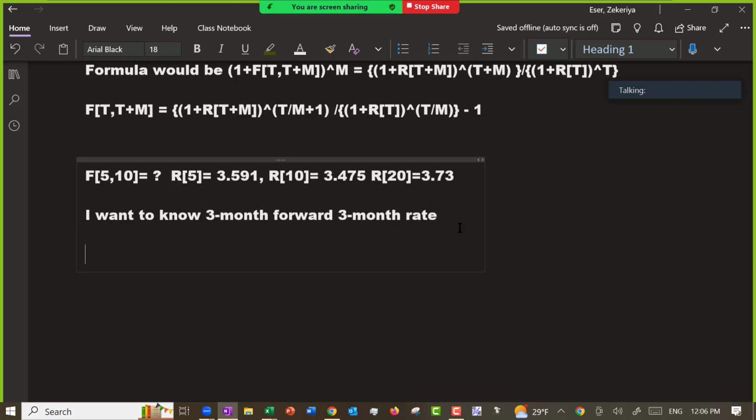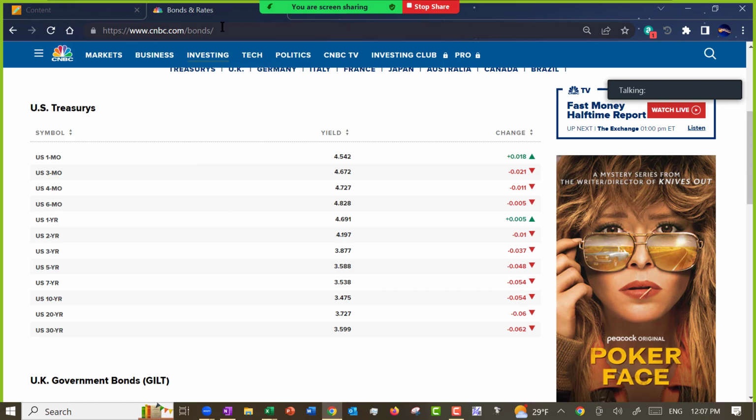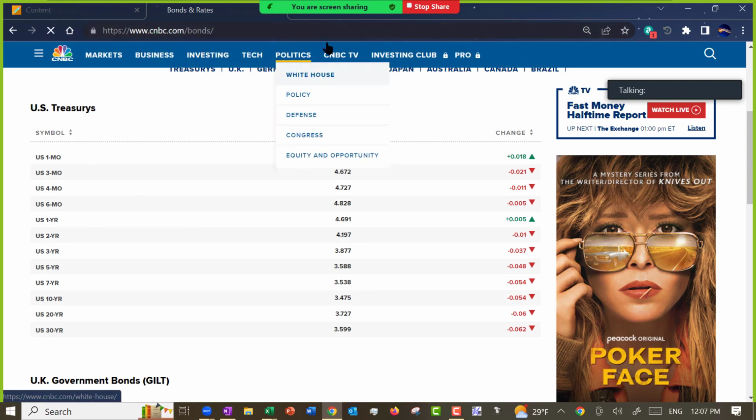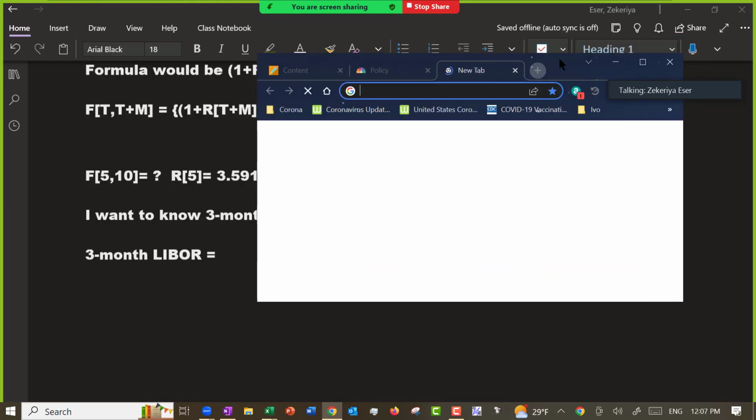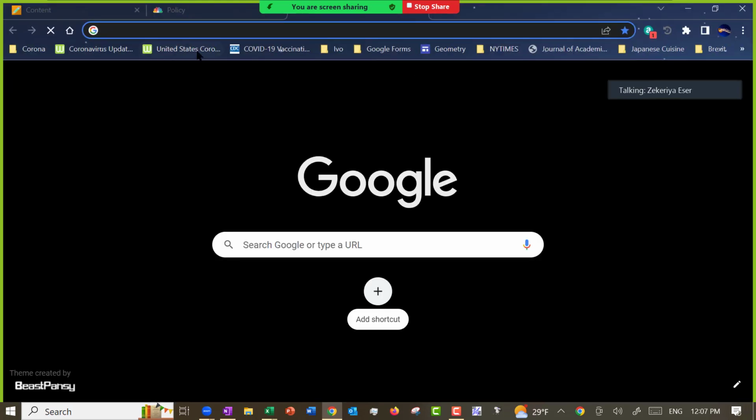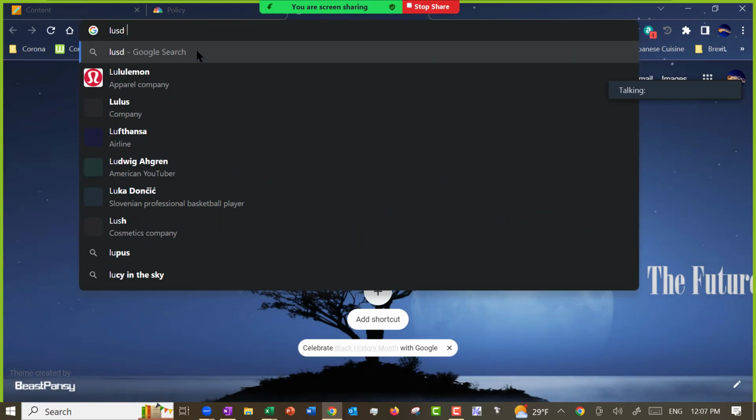So 3-month LIBOR, because at these maturities, that's pretty much the market. Come on, I want to add a screen. Okay. USD LIBOR rates.